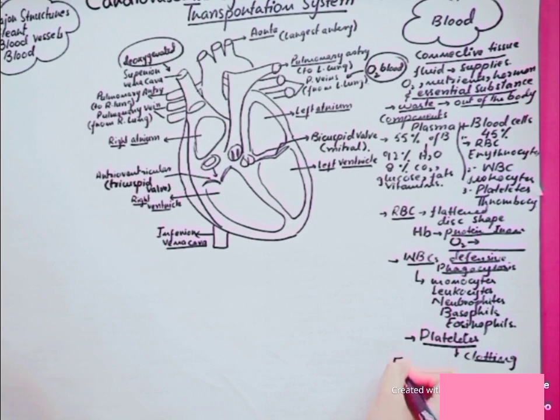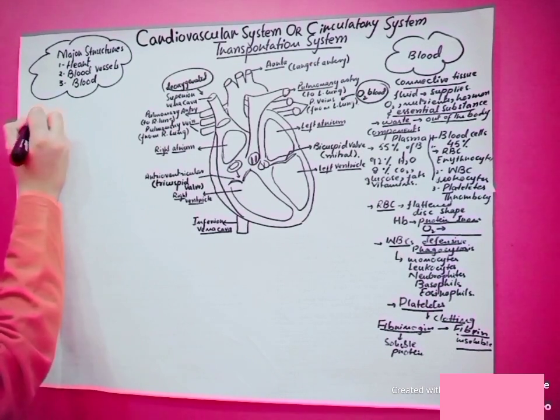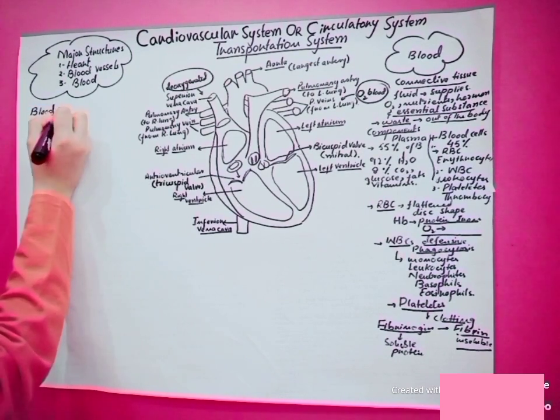By converting fibrinogen, which is a soluble protein, into fibrin in insoluble form. This is all about blood. Let's come to the blood vessels.